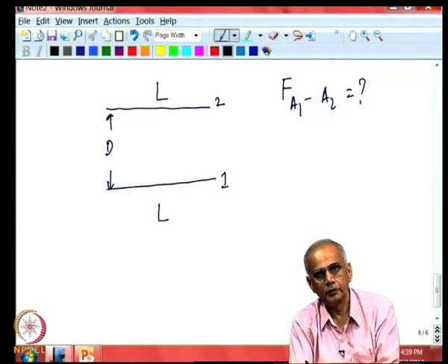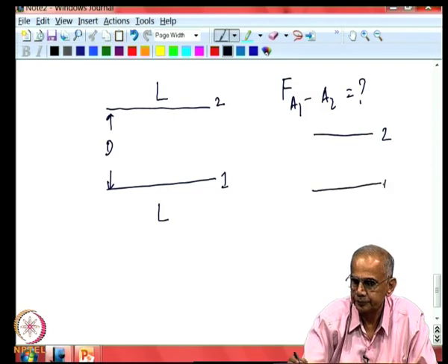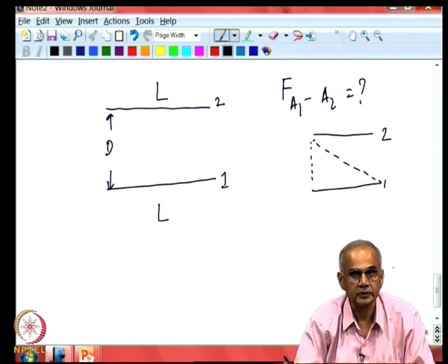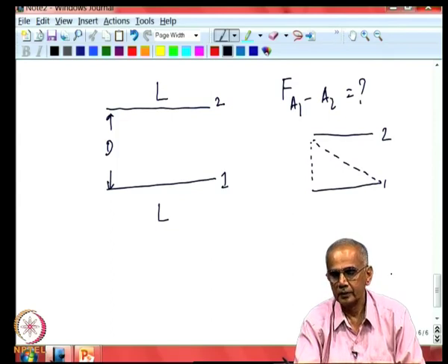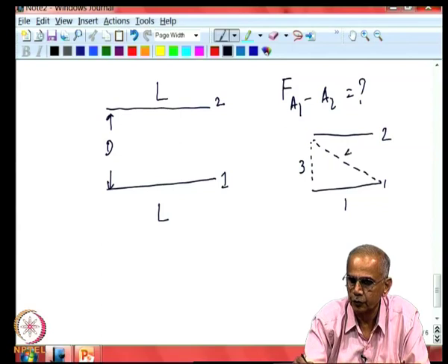Now, the way we will do this is, we will construct an enclosure. You have surface 2 here, surface 1 here. You draw a dotted line, this is an imaginary surface. You draw another dotted line, that is also an imaginary surface, right. So, let us call these surface 3 and surface 4.